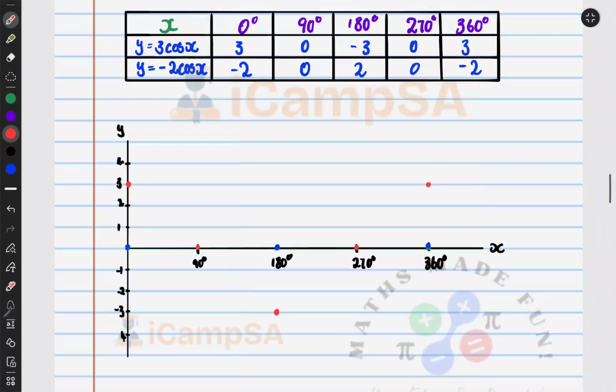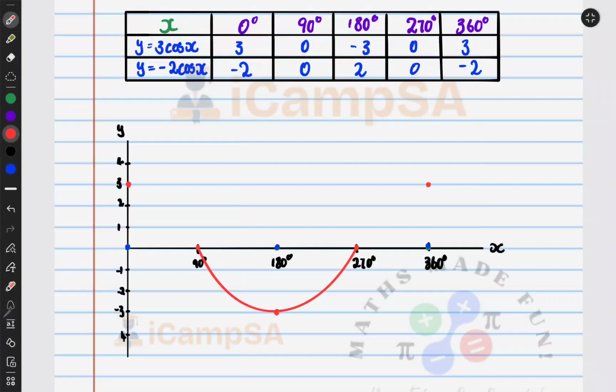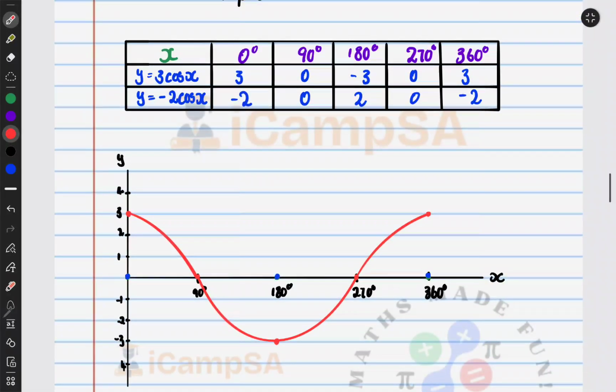And then we join our points. Let me start with this one actually. We join our function. Okay, and this one is for y is equal to 3 cos x.